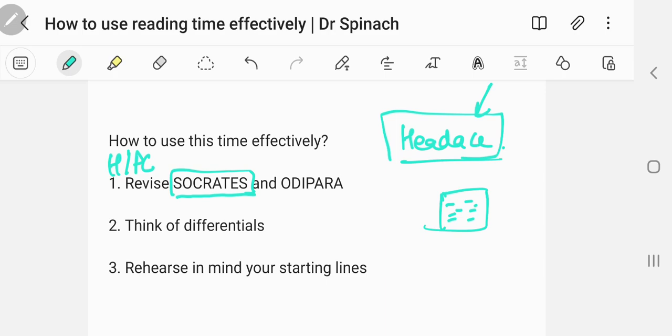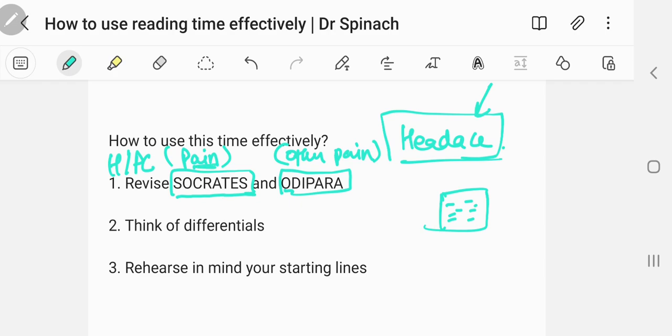You're going to ask SOCRATES for any pain situation, abdominal pain, headache, hand pain, or pain in the body, just overall generalized pain, anything like that. With anything other than pain, for example cough or breathlessness, it would be OLDCARTS. So anything other than pain is OLDCARTS, and anything with pain is SOCRATES.